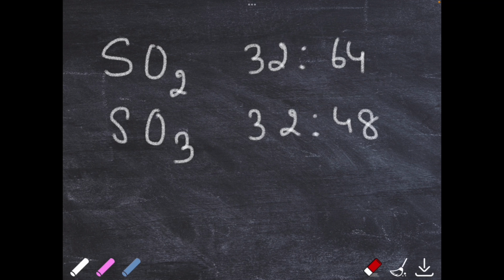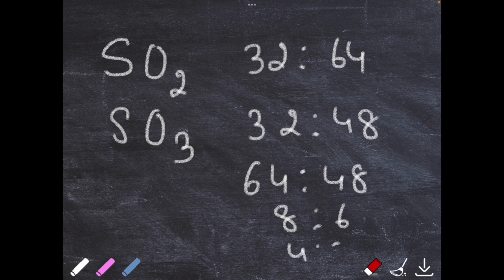The amount of oxygen is 64:48. That is, 8 8s are 64, 8 6s are 48. You can further reduce it: 2 4s are 8, 2 3s are 6. That is, the ratio is 4:3.